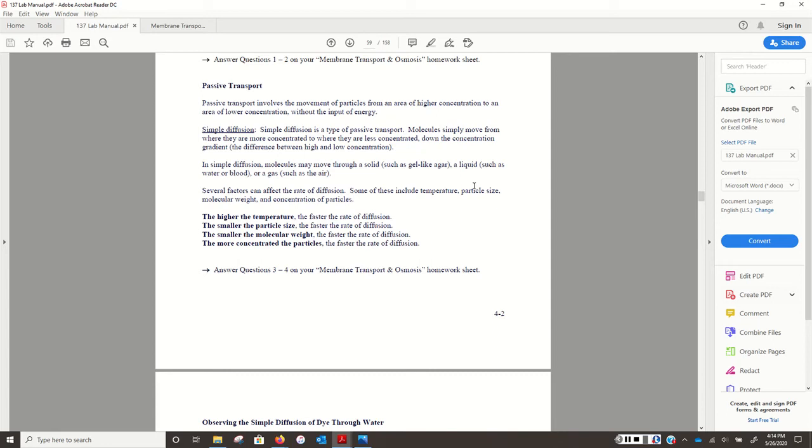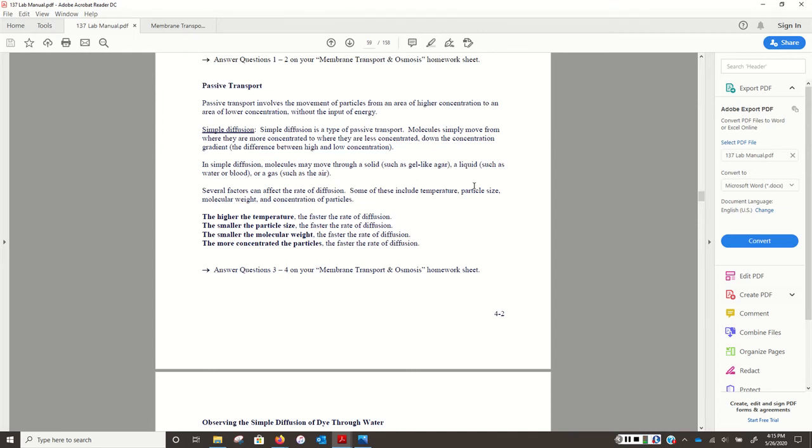In lecture, you'll talk more about the other type, the type that requires energy. When something requires energy to move, that's called active transport. So passive does not require energy. Active does require energy. Most of what we're going to be talking about in lab is passive transport, but there's a bunch of different types.